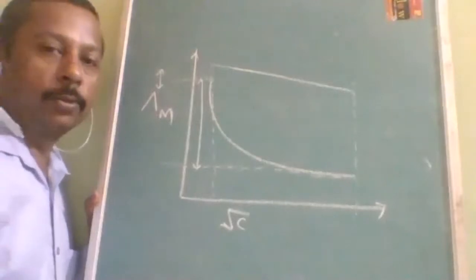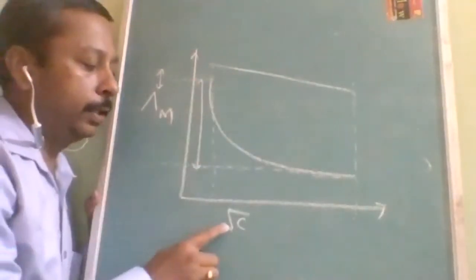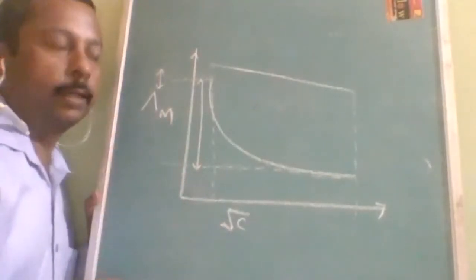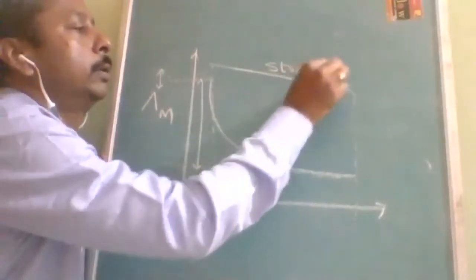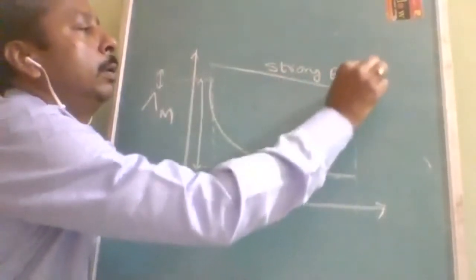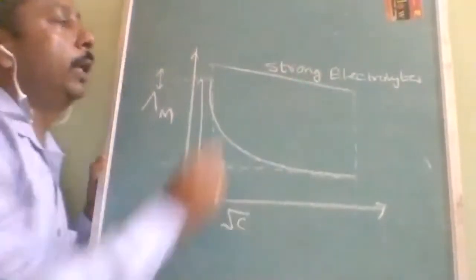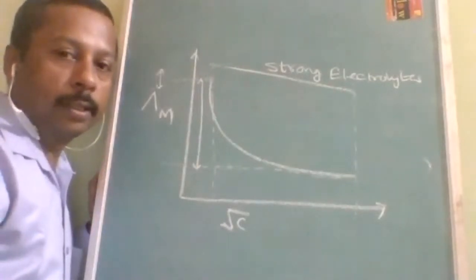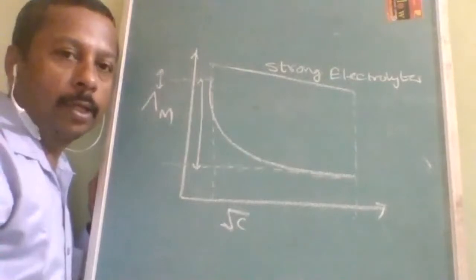The electrolytes which show less variation in molar conductivity with change in concentration are called strong electrolytes. So when you obtain a graph like this, you should understand that the electrolyte is a strong electrolyte.